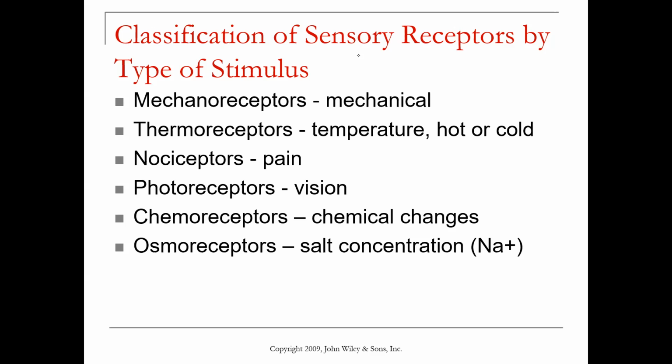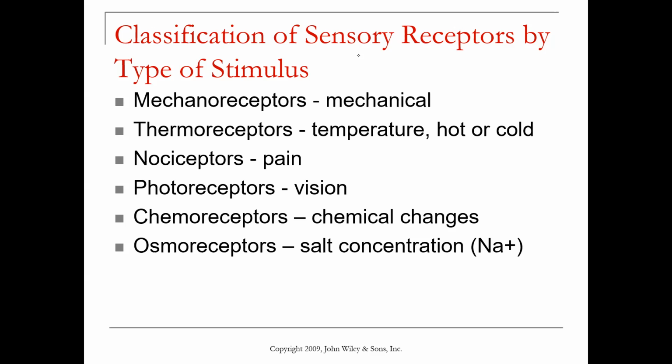Chemical receptors, or what we call chemoreceptors, respond to chemical changes in our body. Like our blood gets too acidic because we're releasing more carbon dioxide. As we oxidize more glucose through cellular respiration, we're generating more CO2, and that's making our blood more acidic because it's forming carbonic acid.